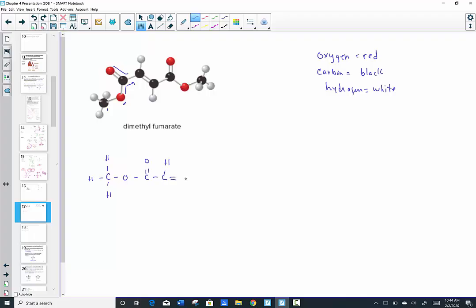Double bonded to a carbon, coming out as a hydrogen. Single bond. Double bond. Oxygen. CH3.